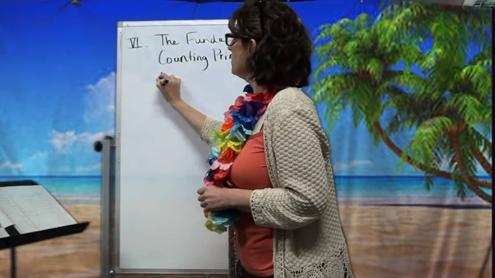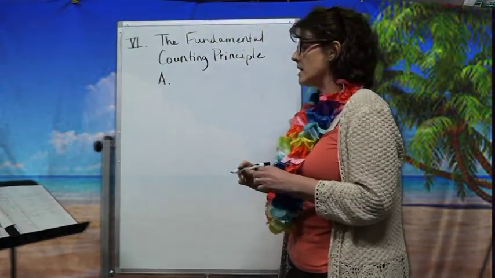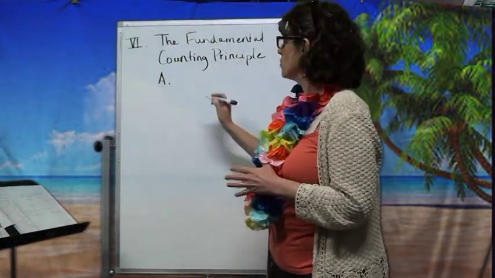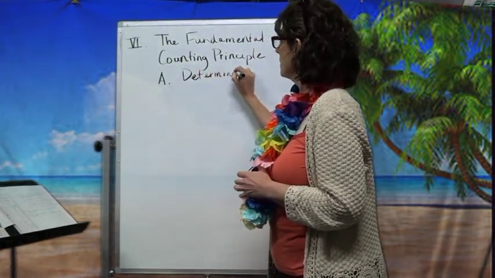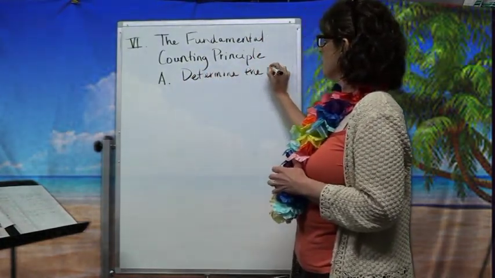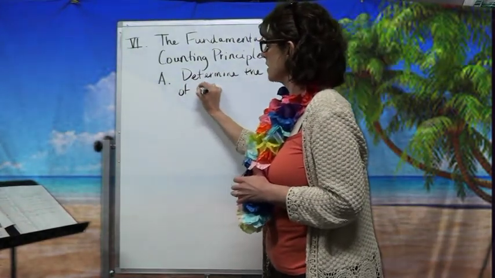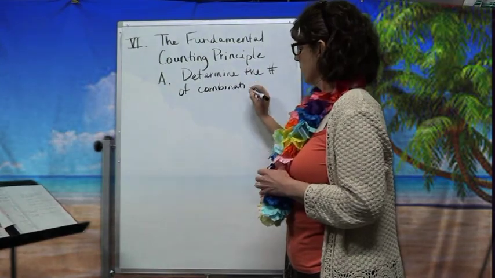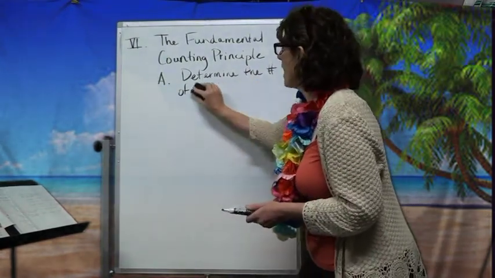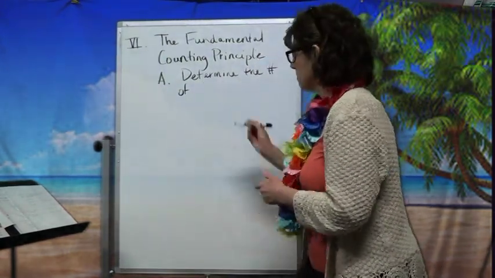And what the fundamental counting principle does is it allows us to determine the number of combinations that can be made. Or perhaps it would be better to say the number of outcomes. That would be a much better way to say it.